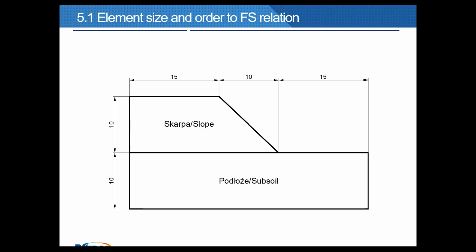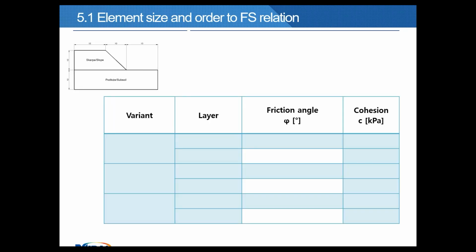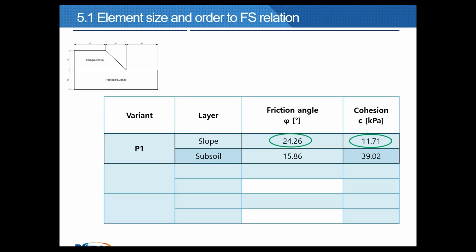First, a simple example: a slope on subsoil, 10 meter slope, 45 degree angle of the slope. And I made this calculation for 3 variants of soil parameters.